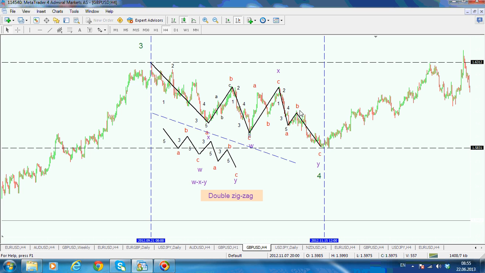Corrected by an ABC here for the B wave, and then you have another 5-wave structure. 1, 2, 3, 4, and 5. So 1, 2, 3, 4, 5, and this is how it should be labeled.